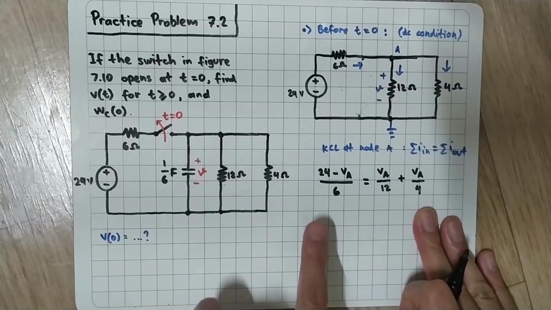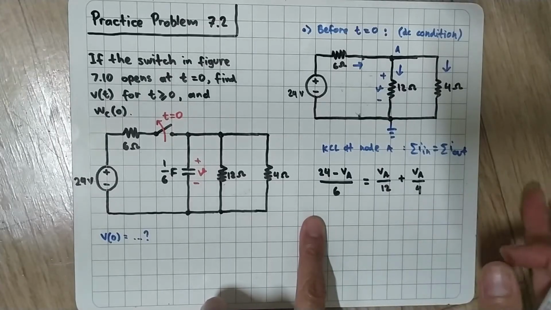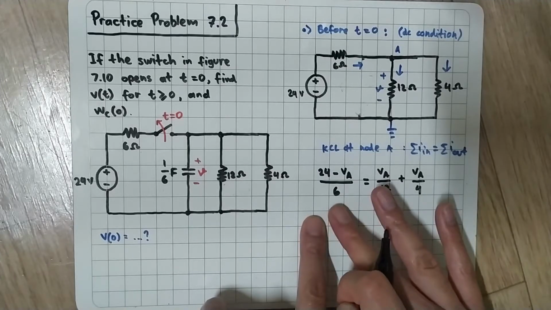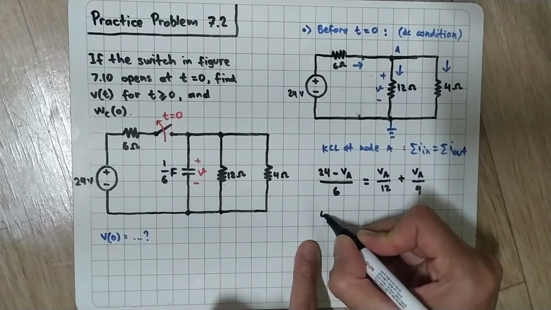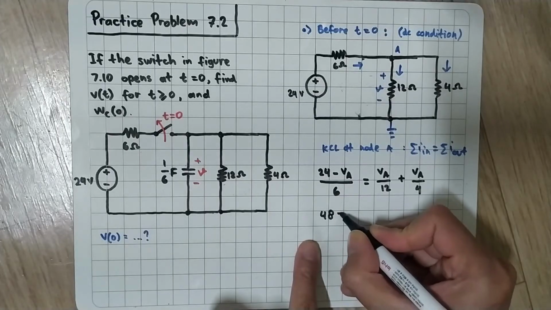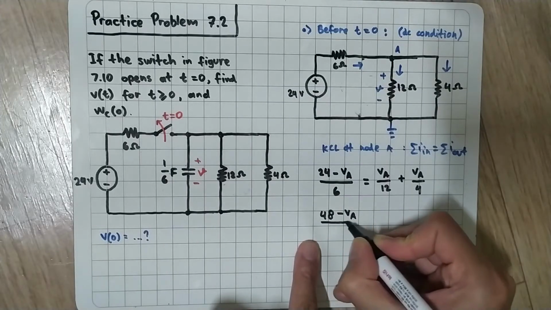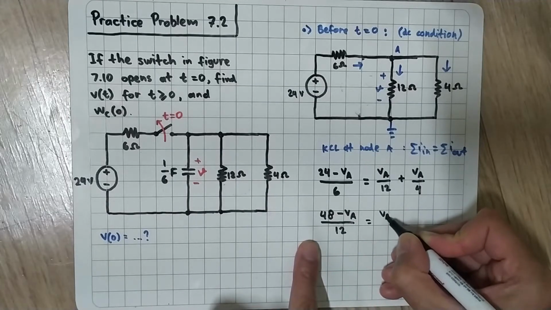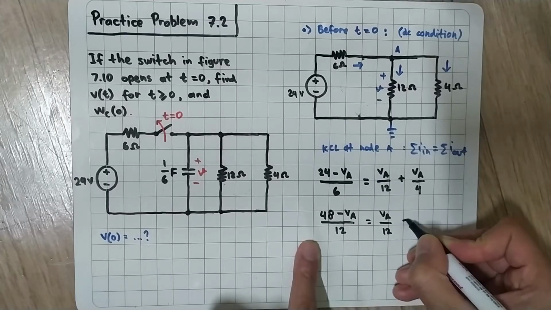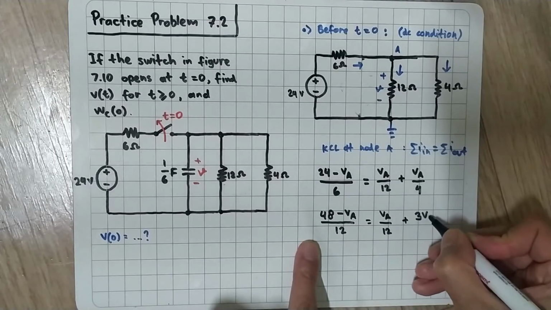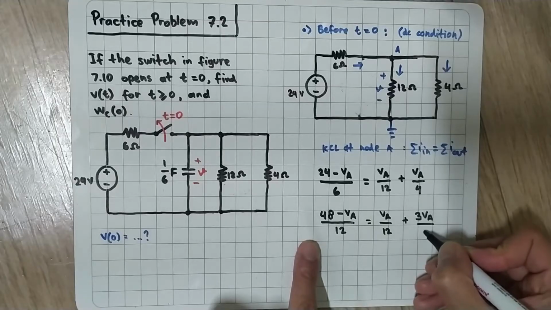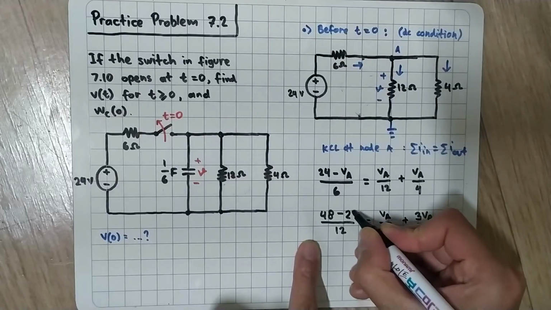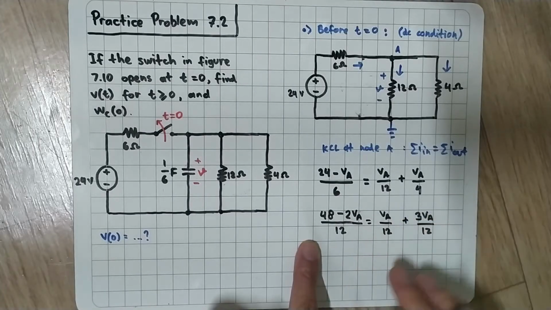Now I can make all the denominators 12. So I will use 48 minus 2 VA divided by 12, and then this one will be VA divided by 12, and this one will be 3 VA divided by 12. Oh, sorry, this should be 2 VA.